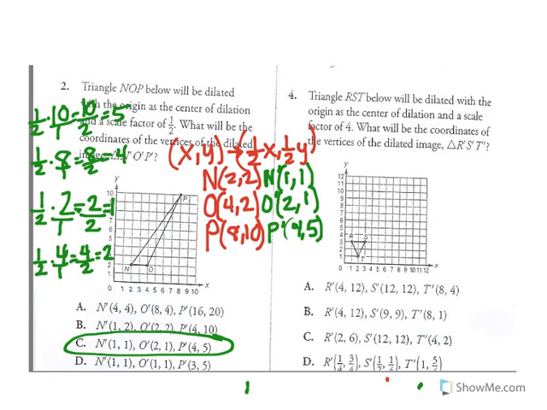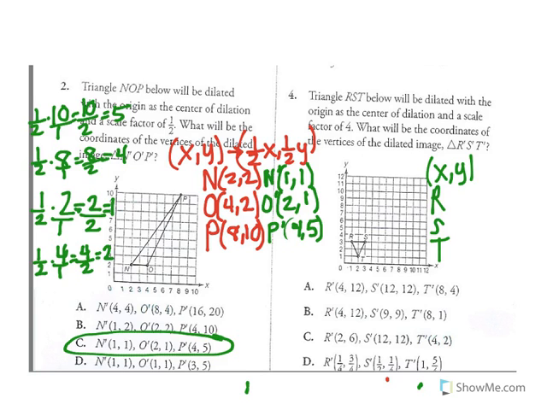And then number 4 says triangle RST below will be dilated with the origin as the center of dilation and a scale factor of 4. What will be the coordinates of the vertices of the dilated image R prime, S prime, T prime? So you're going to do the same thing. You're going to take the original x and y for RST, and you're going to find each coordinate.